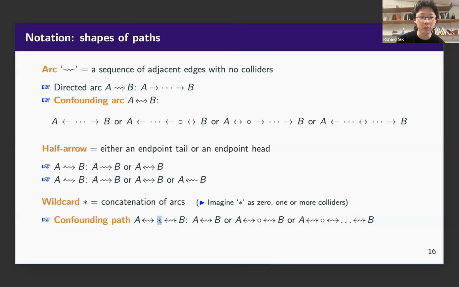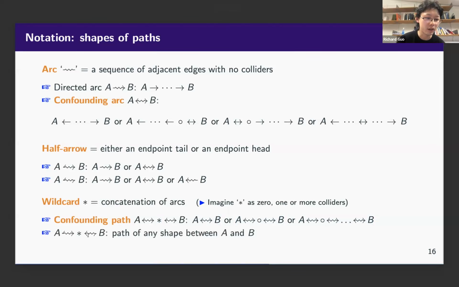You want to interpret this wildcard as meaning 0, 1, or more colliders. If there are 0 colliders, that just means a confounding arc. When there is 1 collider, that means a concatenation of 2 confounding arcs. When there are 2 or more colliders, it is a concatenation of 3 or more confounding arcs.